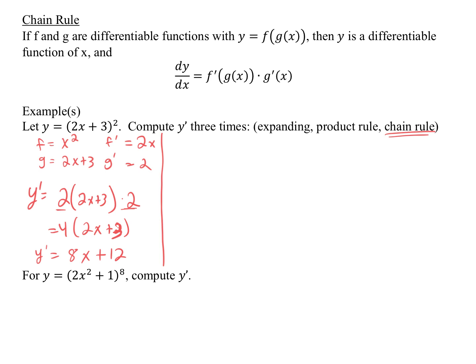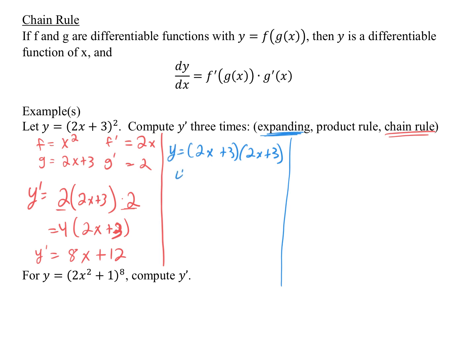Next, let's go ahead and use the, I'll just go back to the beginning. Let's expand the function out and then take its derivative. So if we had wanted to compute it using this method, you would write 2x plus 3 times 2x plus 3, and then you would have to multiply it out. So this is what y is equal to.